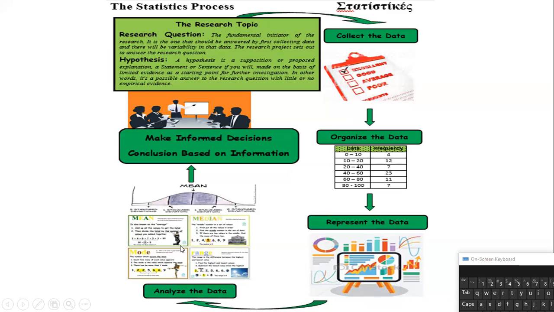Then you have the analysis of the data: calculation of mean, median, mode, standard deviation, and so forth. You're numerically analyzing the data. And all of that is to make a decision based on the information that you collected, a conclusion based on information, to verify whether the hypothesis that you stipulated at first is true or not. Okay, and this process, from research topic, research question, hypothesis, collect data, organize data, represent data, analyze data, and make an informed decision, you can find in any program.